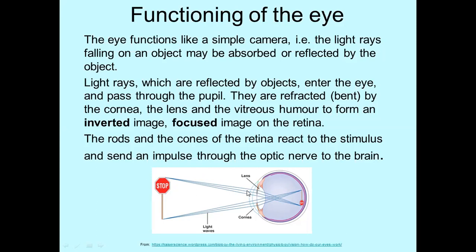Those light rays that are reflected, if they enter the eye, are refracted, don't use the word bent, by the cornea, the lens, and the vitreous humor. So the image which hits the retina at the back of the eye is inverted, in other words, upside down, and it is flipped left to right.